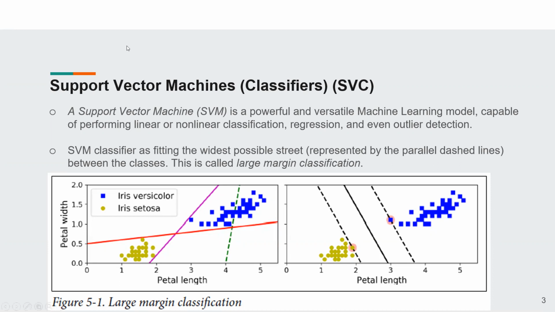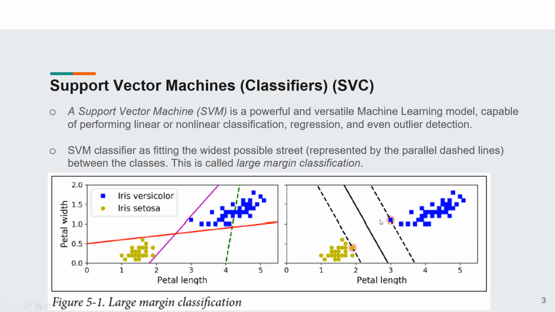Suppose that we have the iris data, and you want to use petal length and petal width as two dimensions to figure out the classification boundaries. Then you could have all kinds of separation. This would be one way to separate those two classes. There will be another way to separate those classes.